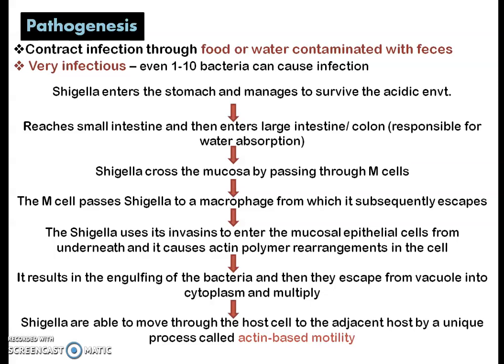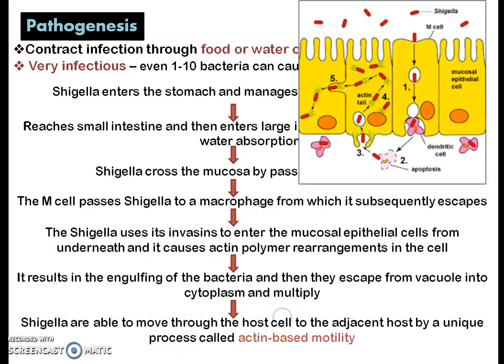Then Shigella uses its invasins to enter the mucosal epithelial cells from underneath, and it causes actin polymer rearrangements in the cell.